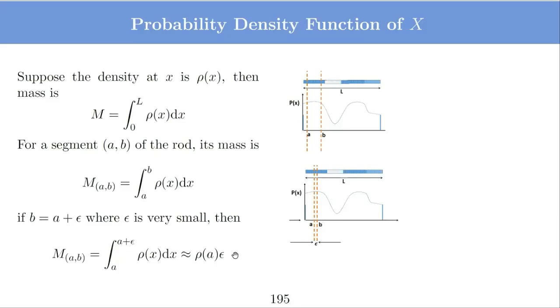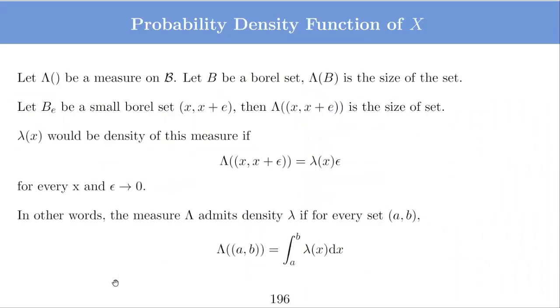So this integration can be replaced by rho A into epsilon for small segments. Here density rho is equal to m by epsilon, so for small intervals this will be true. But if you talk about long intervals and density is not uniform, you have to take an integration of the density.